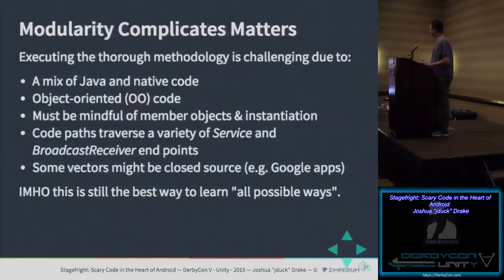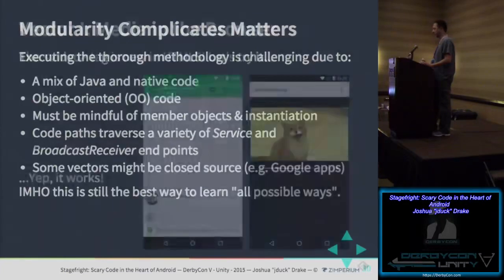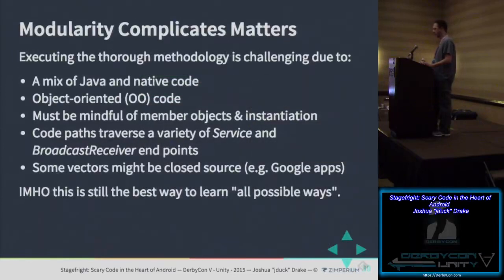So in Android, everything is very modular as well. And when you do a bunch of research with Media Scanner and Stagefright, you end up in weird situations where you have Java code that's calling native code, that's calling Java code, that's calling native code, that's calling a service over a service endpoint, and then it's more Java and native code all mixed together. So it can get kind of wild.